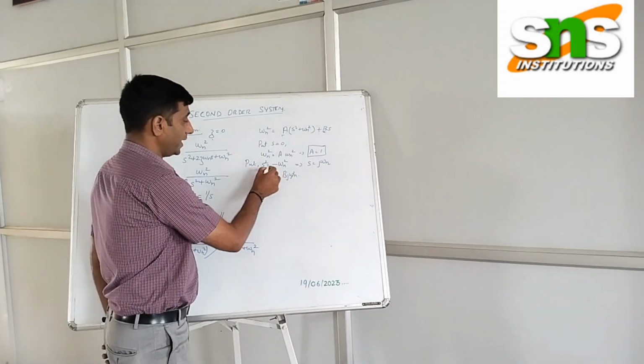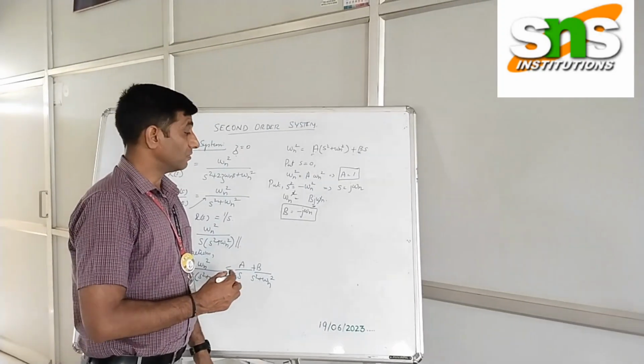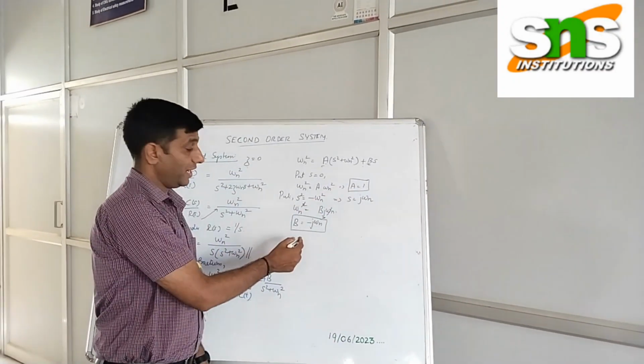One omega n gets cancelled, and you bring j to the bottom. So we have found the values of a and b.